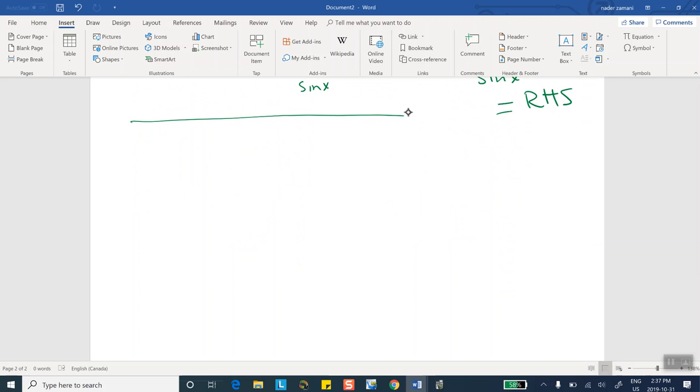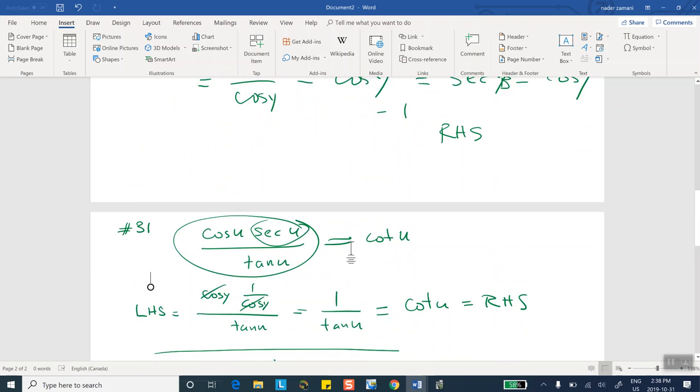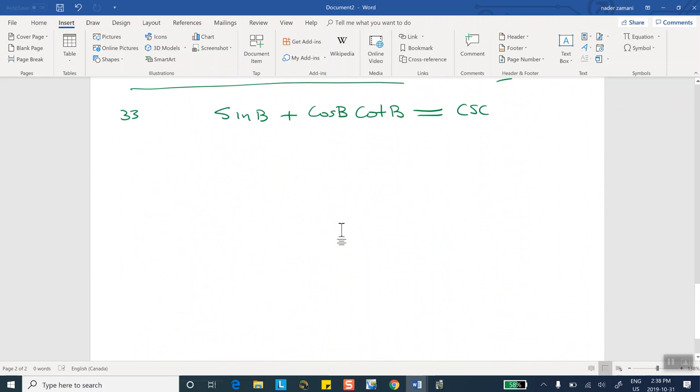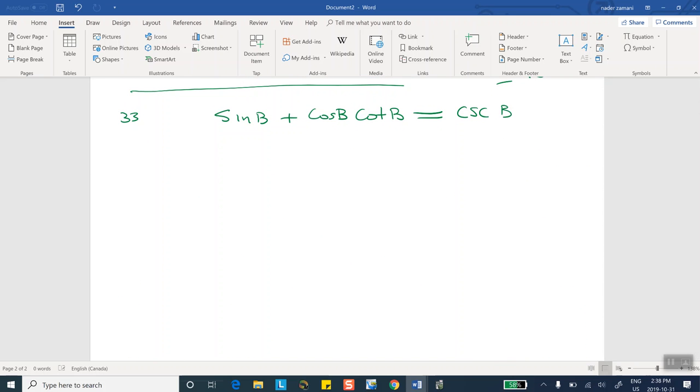Next one, 33. We're supposed to show that sine of b plus cosine of b times cotangent of b equals cosecant of b. So we start with the more complicated side, which is our left-hand side.